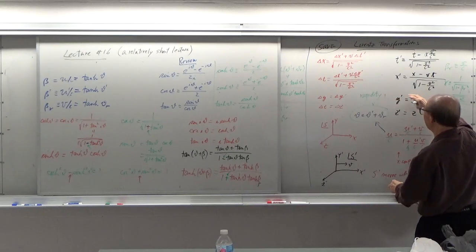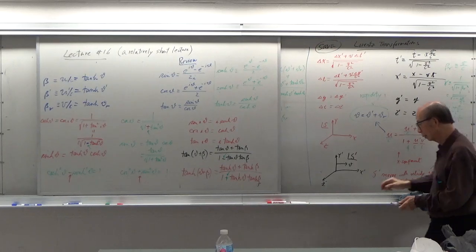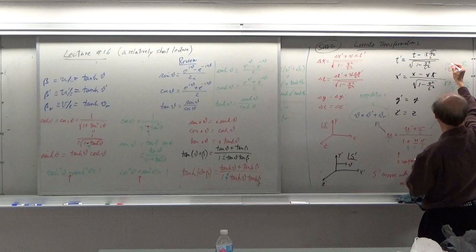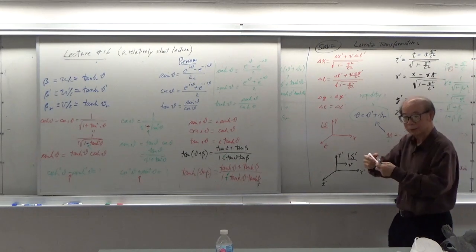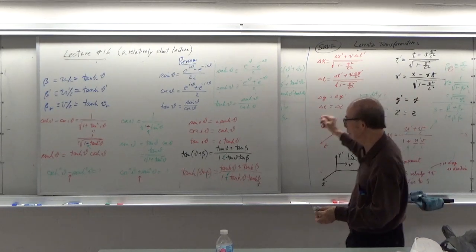So at that point, I will drop the subscript r and call v over c just beta. If I forget to remind you of this, please keep that in mind.